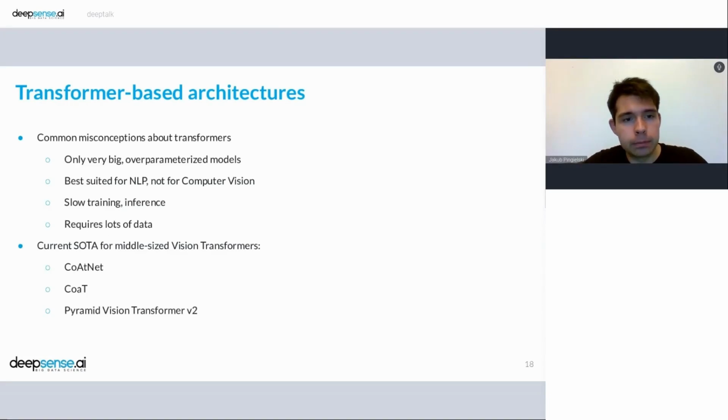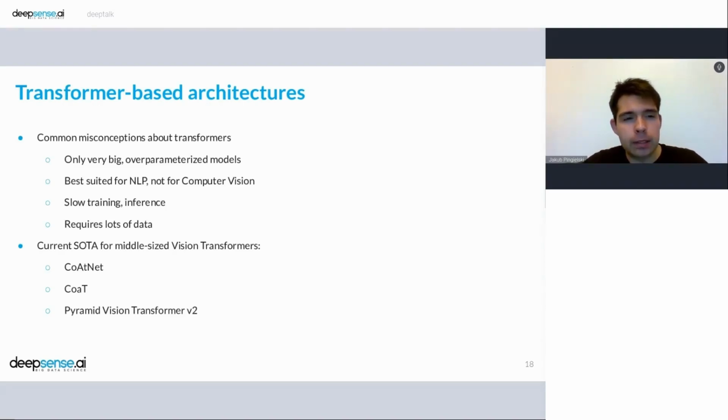Another thing that really worked for me in this competition was switching from convolutional neural networks to models based on transformer architecture. At first, I was hesitant about using transformers in this competition since I believed in some common misconceptions about transformers, and here I have listed some of them.